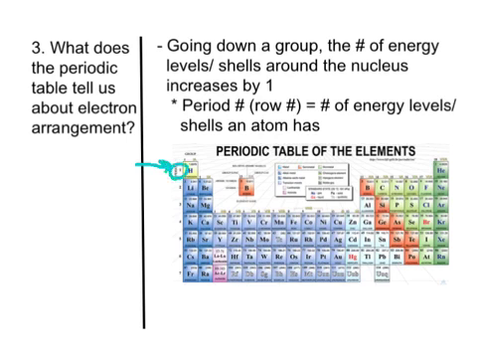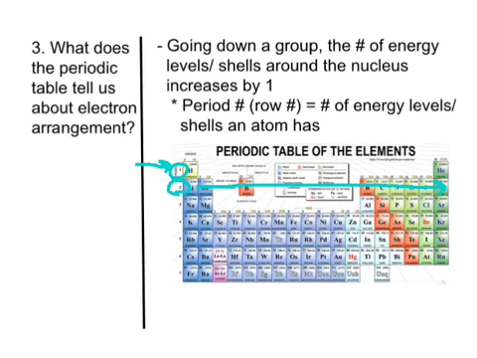So everything in period 1, both hydrogen and helium, is going to have just 1 energy shell. When we get to the second level, lithium, beryllium, boron, carbon, everything in that second row or second period is going to have 2 energy shells. So if you're ever asked to draw an atom, which I'm sure you will be, you will know exactly how many rings to put around the nucleus by looking at the period numbers.